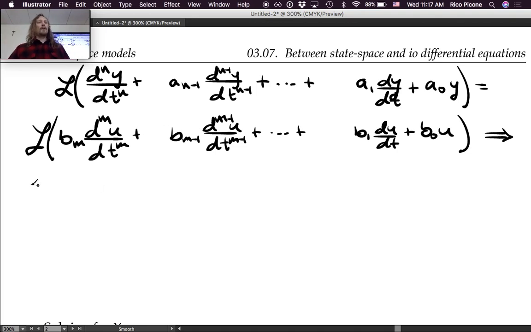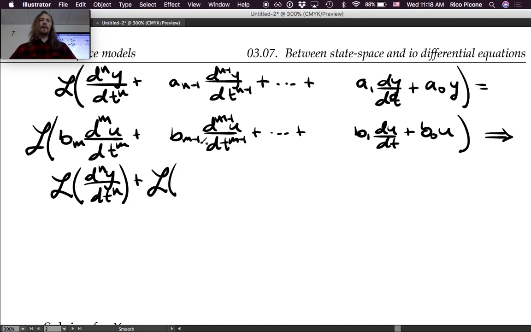So what we have on the left-hand side is the Laplace transform of d^n y/dt^n plus the Laplace transform, oh wait, we got at the end, the a_{n-1}, we're going to pull that out first.